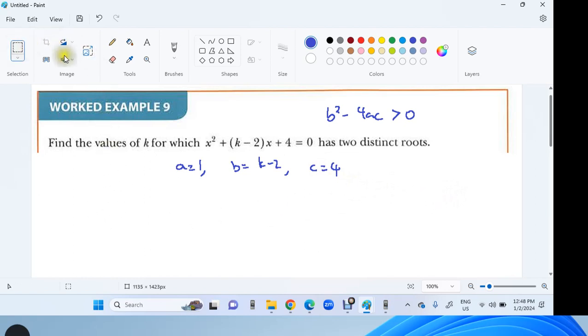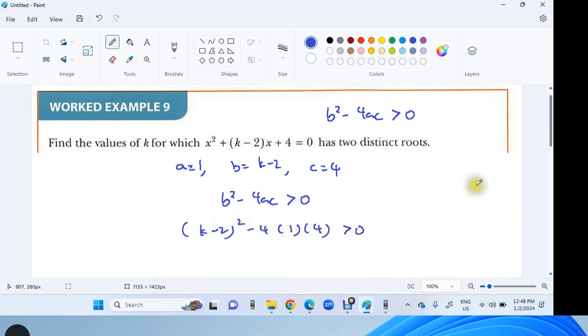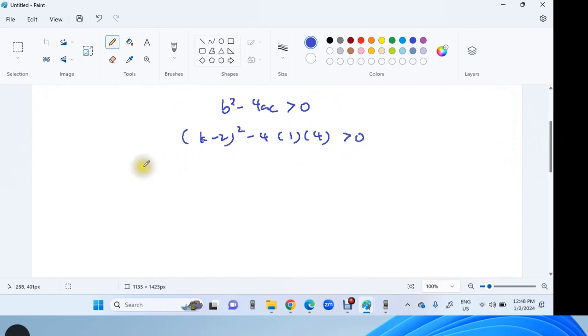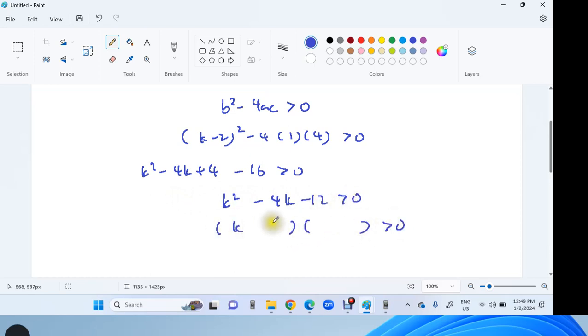So we have (k minus 2) squared minus 4 times 1 times 4 greater than 0. Then k squared minus 4k plus 4 minus 16 greater than 0, so k squared minus 4k minus 12 greater than 0. Factorizing with 2 and 6, minus plus, the critical values are k plus 2 equal to 0, k equal to negative 2, and k minus 6 equal to 0, k equal to 6.